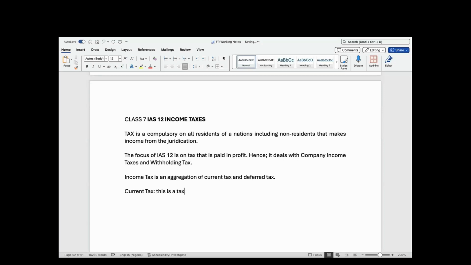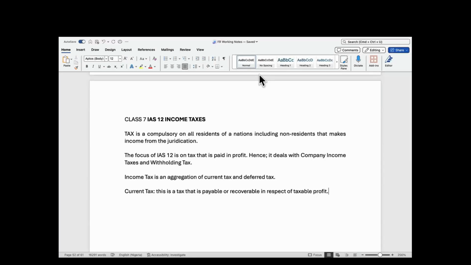When we say current tax, this is a tax that is payable or recoverable. Yeah, it's possible for you to recover tax. It is payable or recoverable in respect of taxable profit. So any tax that you pay or can recover on your taxable profits, that is your current tax.